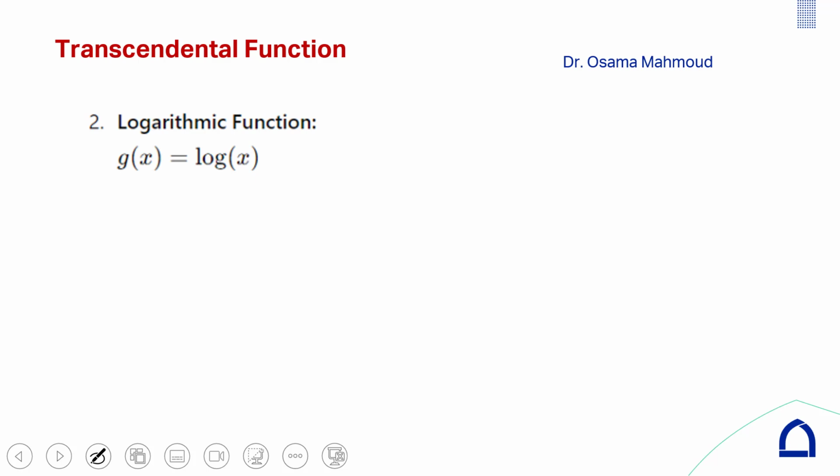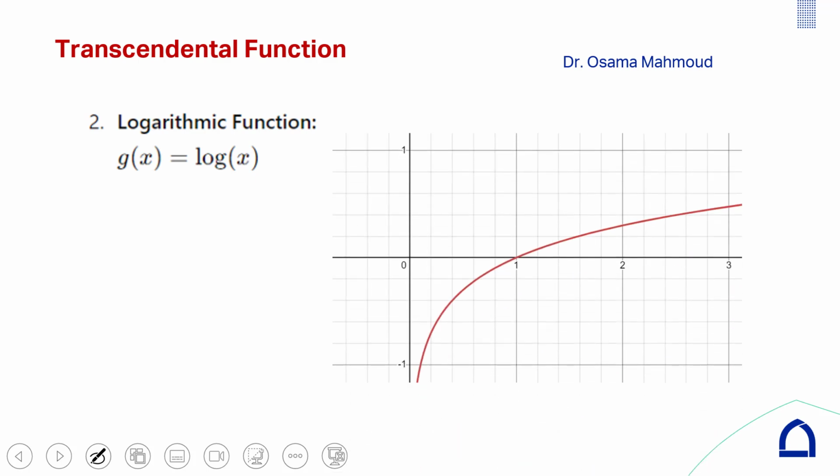The logarithm function, if you look at the graph here, you will find there is no value for negative x, right? So for the logarithm, you cannot have x as a negative. So x is always greater than 0, right?